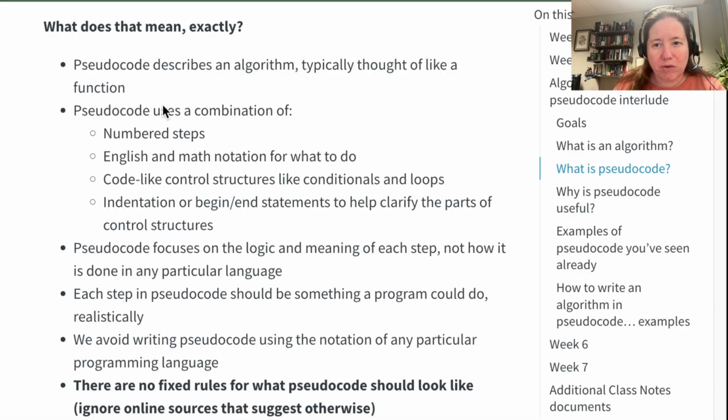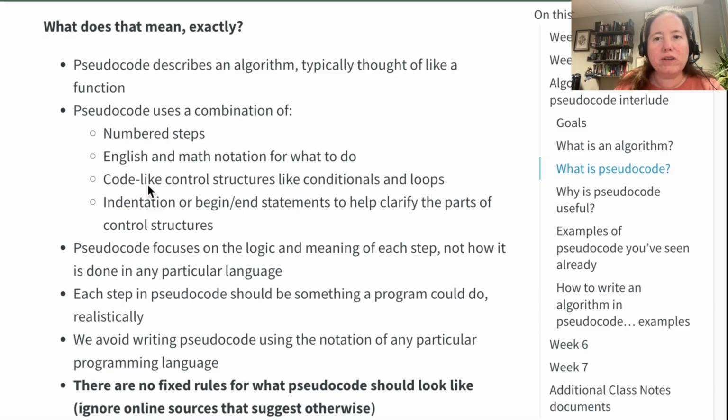Typically, pseudocode is a combination of a number of things. It has numbered steps, and how you number it may vary from one formalism to another, but typically there's steps that are numbered 1, 2, 3, 4, 5. It uses English descriptions and mathematics notations, when those are appropriate, to describe what to do. And it does allow for code-like control structures.